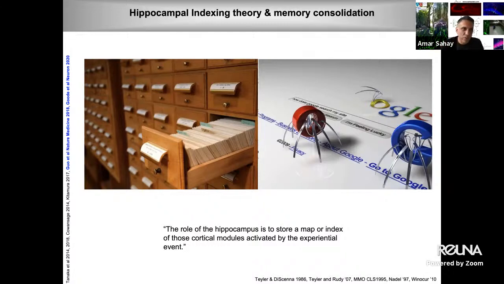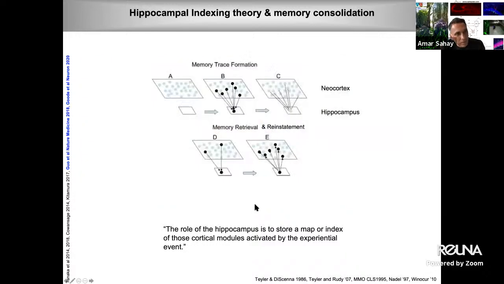And the activation of that index in the hippocampus facilitates memory retrieval by virtue of reinstating the original patterns of activity in distributed sites in the neocortex, as well as, I would argue, in subcortical circuits that underlie the original encoding of the experience.